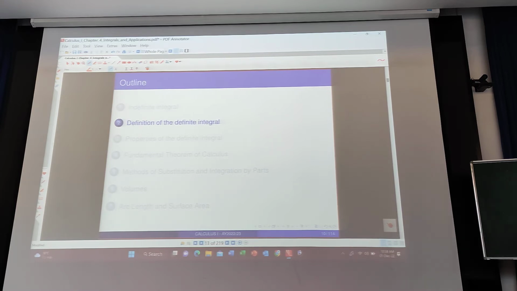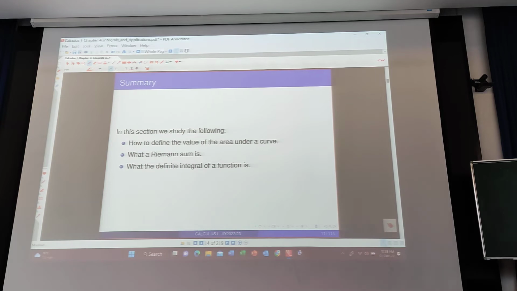Okay, so now we look at that. We want to see the motivation of the definite integral, which relates to the value of the area under the curve. You have a curve, and under the curve you have some figure, and you are asked to compute the area of this figure.